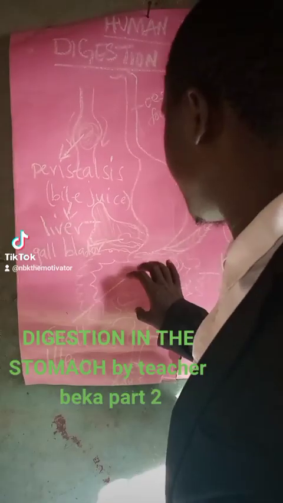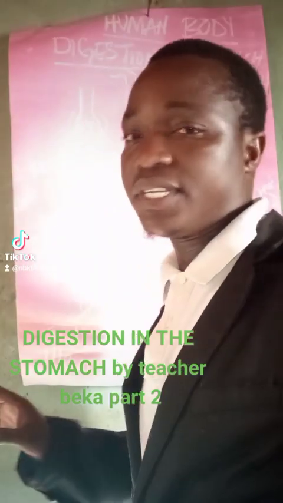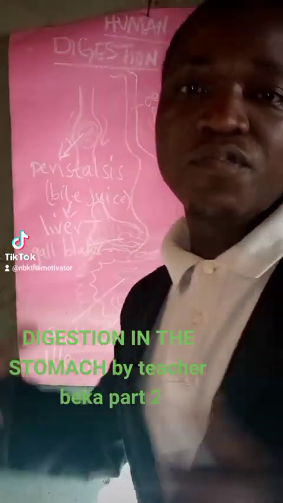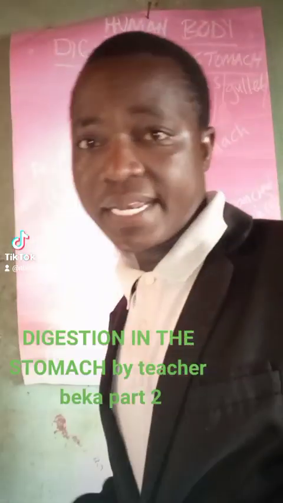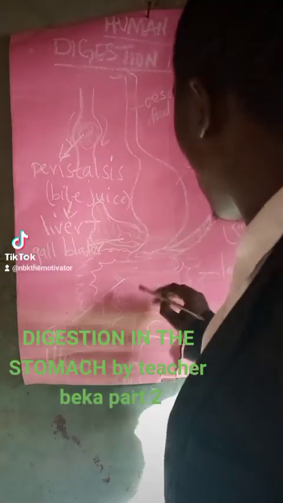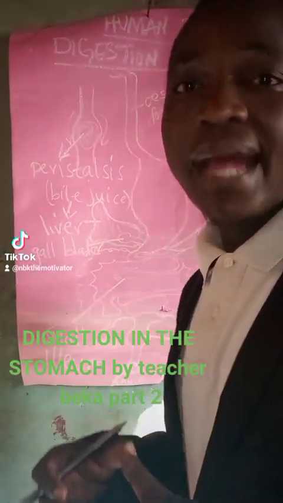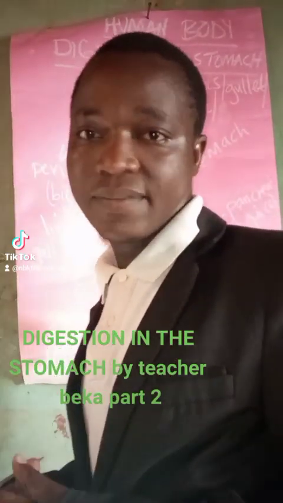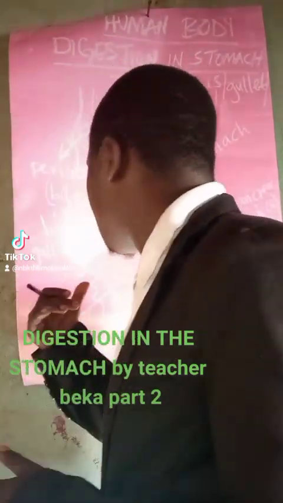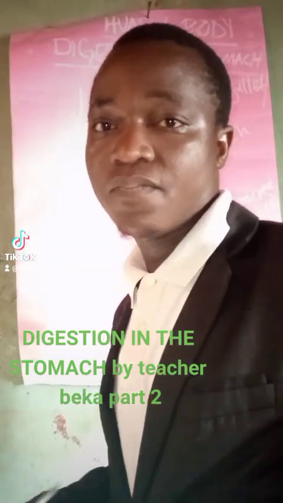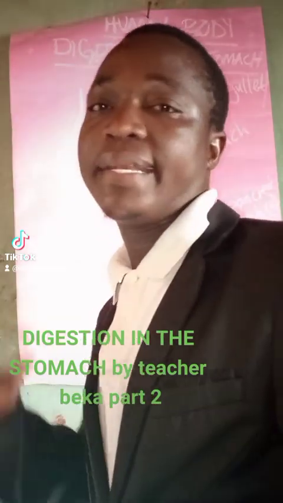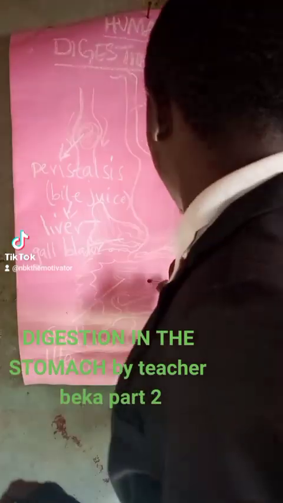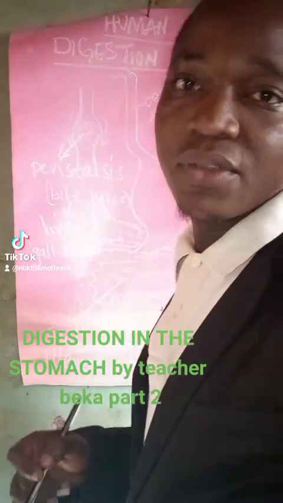Once the food is present in the ileum or small intestine, it is absorbed by the small intestine, and then we have water and undigested food. Remember, not all the food is going to be digested. We're going to have the remaining undigested food. So water and undigested food will now be taken to the large intestine or the colon.